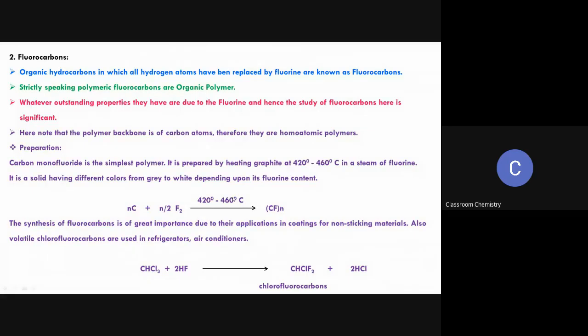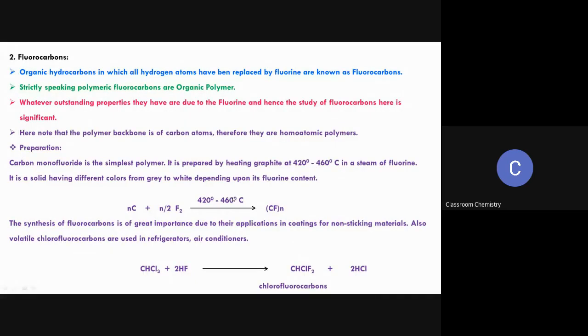But due to their outstanding properties, without hydrocarbon, the carbon and fluorine both combined together form these different properties, and that's why it comes under the heading of inorganic homoatomic polymers. Why is it called a homoatomic polymer? Because there is fluorine attached to the carbon, but actually it is a heteroatomic polymer.